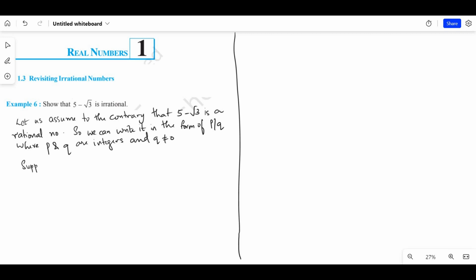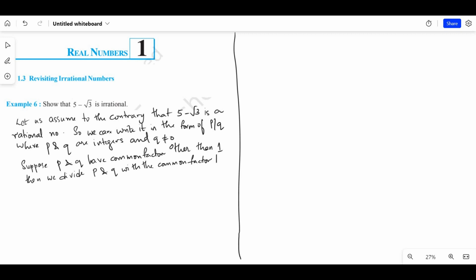Suppose p and q have a common factor other than 1, then we divide both p and q with the common factor to get the co-prime integers.